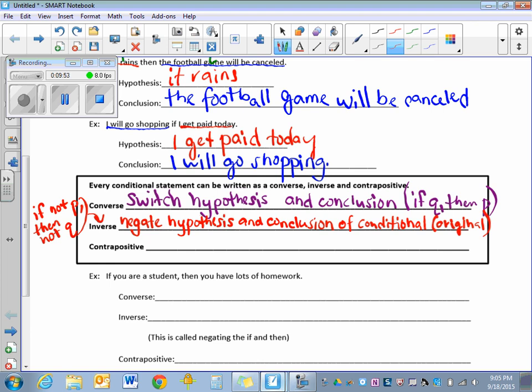And then can you guess what the contrapositive is? This is actually combining the two together. This is where we negate the hypothesis and the conclusion of our converse. So notice the converse is where we switch it, and then the contrapositive is after we have switched it, then we negate it. So it's combining the converse and the inverse together.